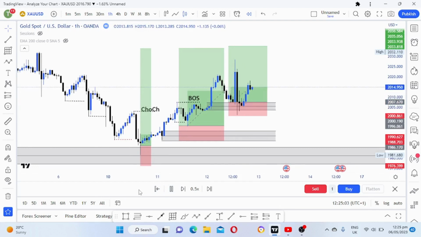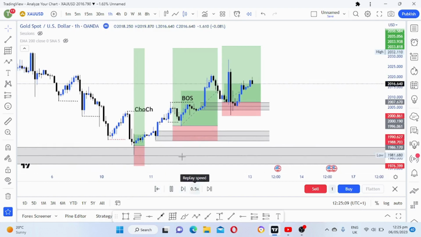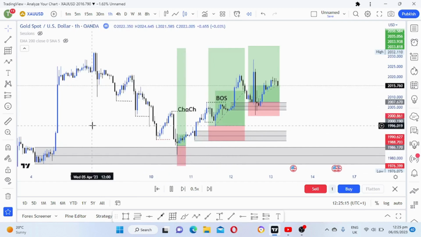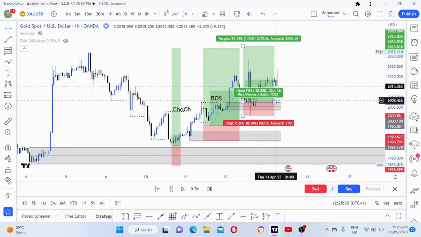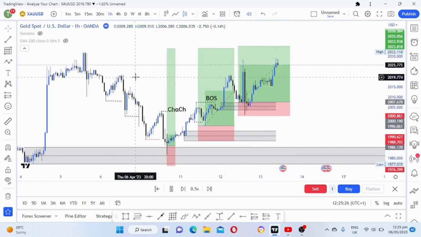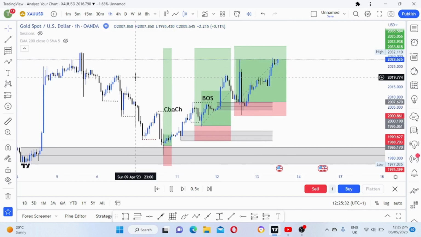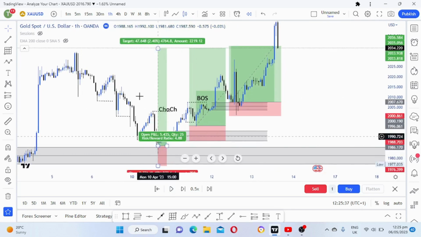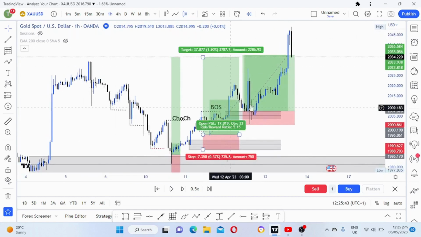We are almost taken out by this. See, TP smashed, guys, TP smashed. We would have gotten 3 entries here.